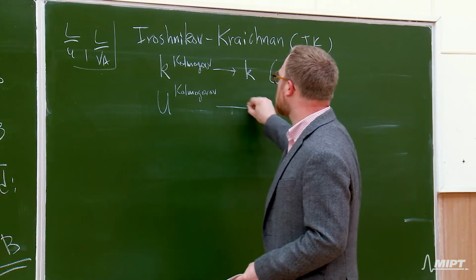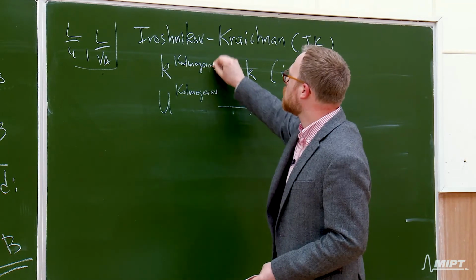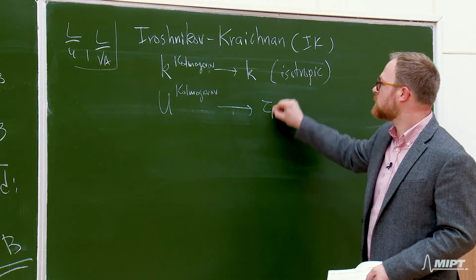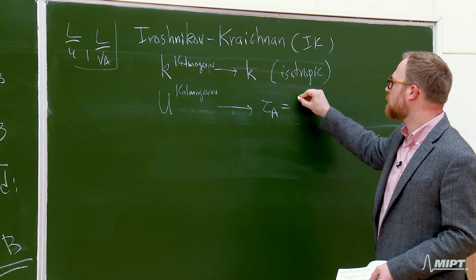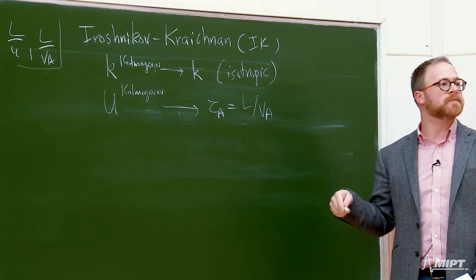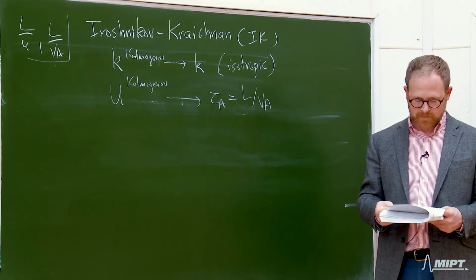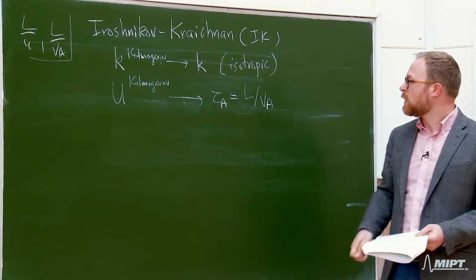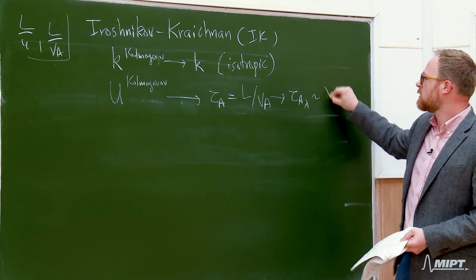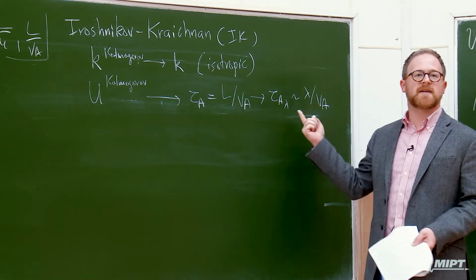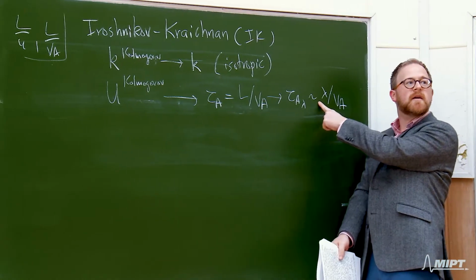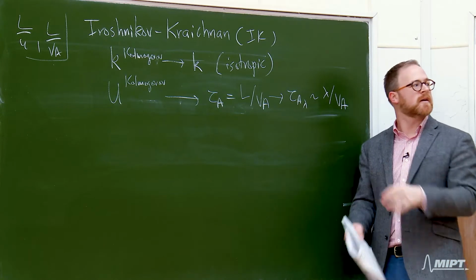The big difference came in the form of giving some primacy to the Alfvén time, the Alfvén time being L over V_A instead of L over U. In particular, I could ask, what's the Alfvén time at any given scale? How long does it take an Alfvén wave to cross some scale down the cascade?